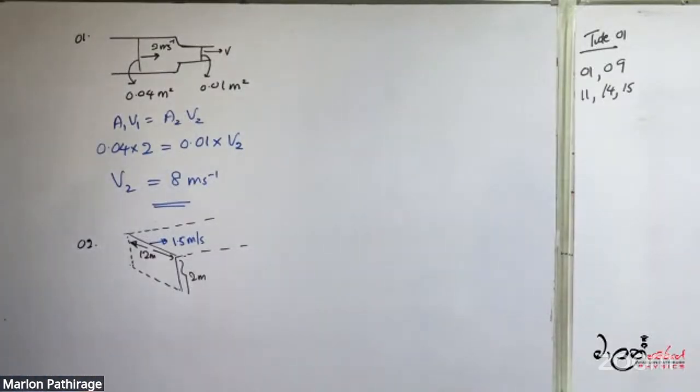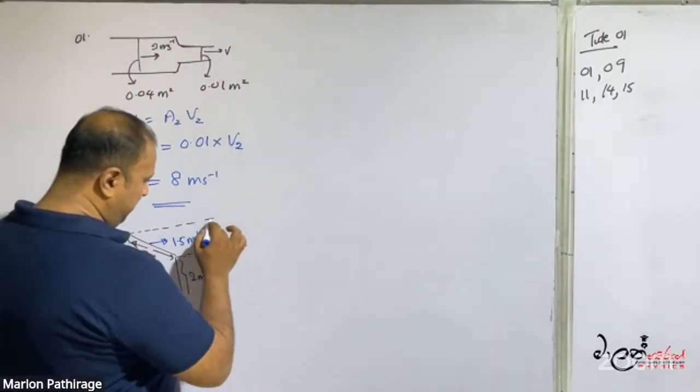Then if the river narrows to 8 meters width and 1.5 meters deep, we need to find the new speed.